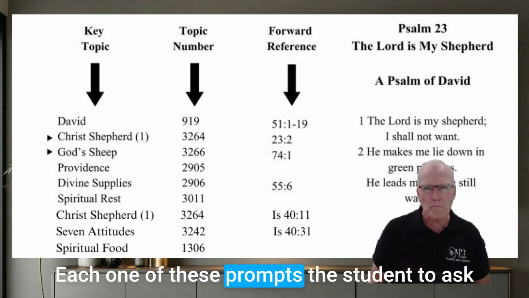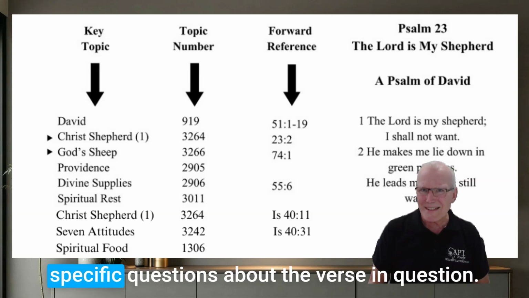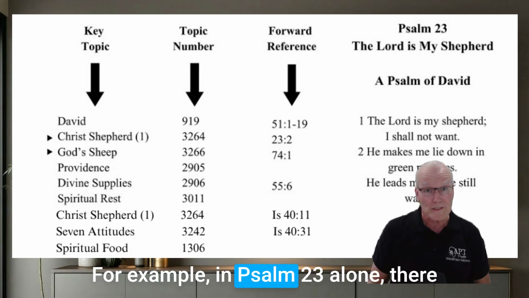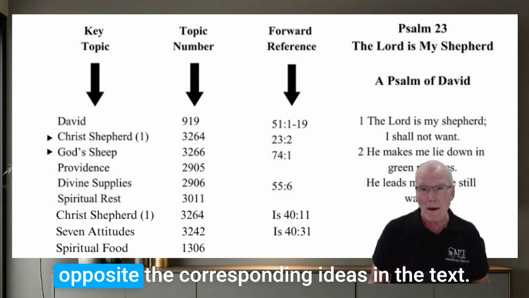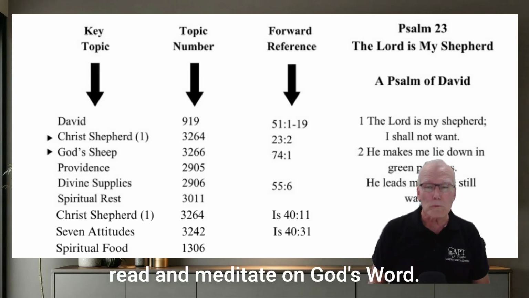Each one of these prompts the student to ask specific questions about the verse in question. For example, in Psalm 23 alone, there are 28 key topics in the margin directly opposite the corresponding ideas in the text. And this is a great help as we read and meditate on God's Word.